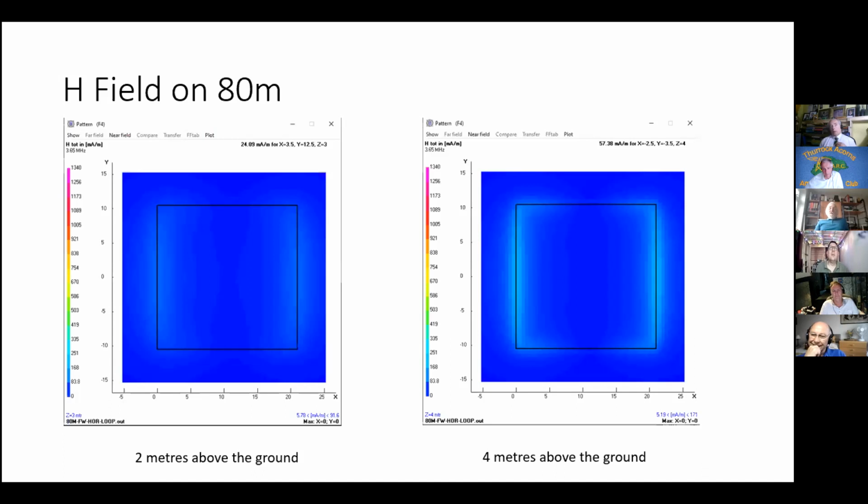Where I've done simulations of elevated radials, they effectively function as a strip line transmission line over the ground. So the E field and H field are actually concentrated between the radial and the ground.